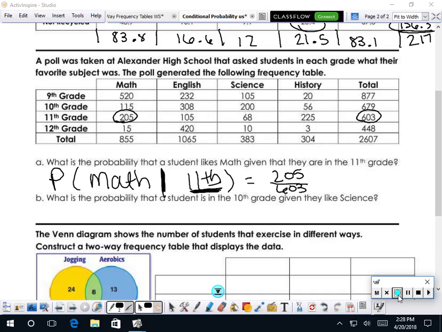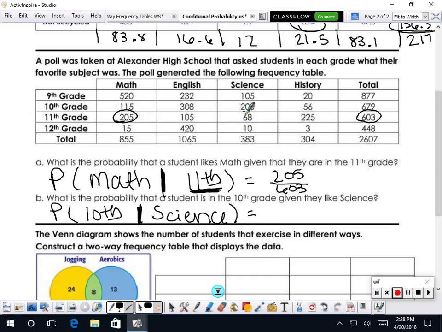of 603. Looking at question B, we've got what is the probability that a student is in 10th grade given they like science. Okay, so probability of 10th grade given they like science. So I want to go to the table where I have 10th grade and science.